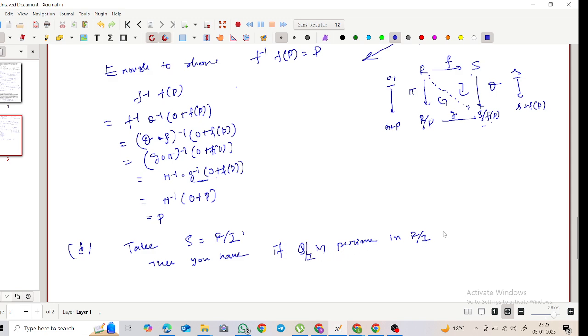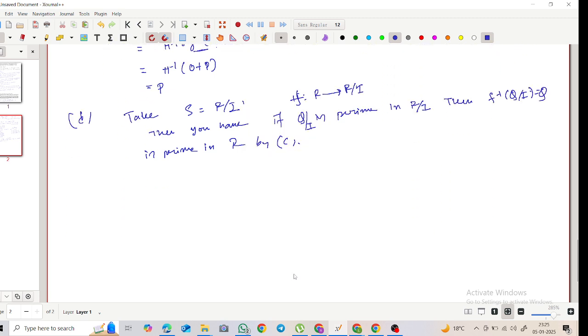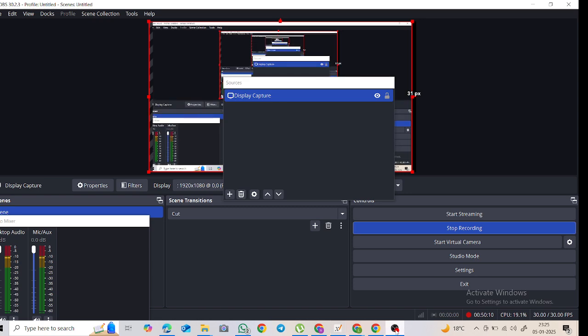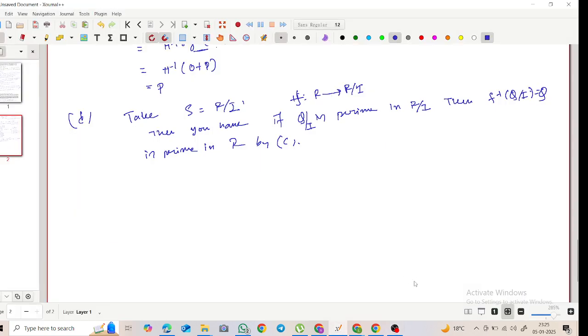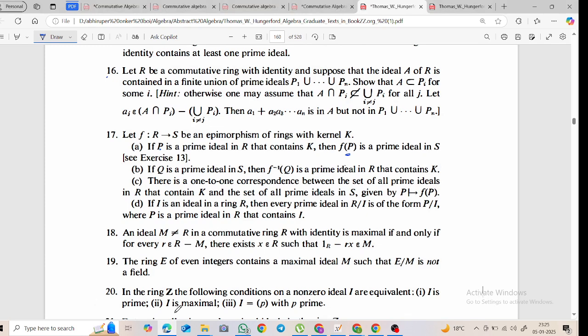If Q is in R mod I, then pi is the map from R to R mod I, or maybe like the previous notation F. Then F inverse of Q mod I, which is Q, is prime in R by C. Okay. So this is also called the correspondence theorem.